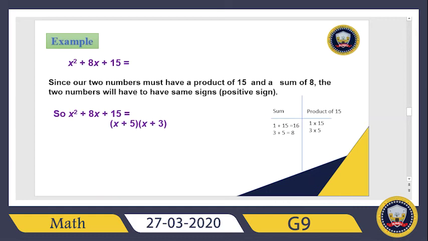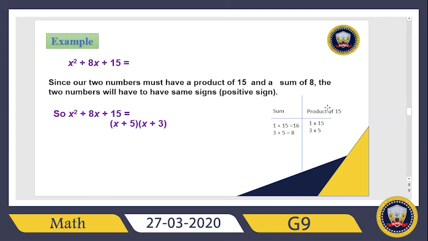No. As long as it is a trinomial consisting of 3 terms, directly it is factoring a trinomial. So I will directly open 2 brackets, and in the first term of each bracket I will write x. Then I will go and draw a table.